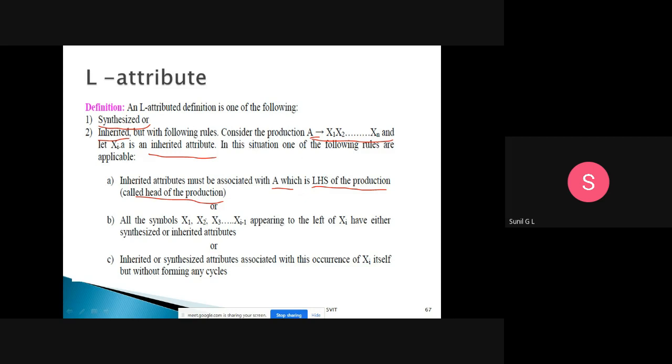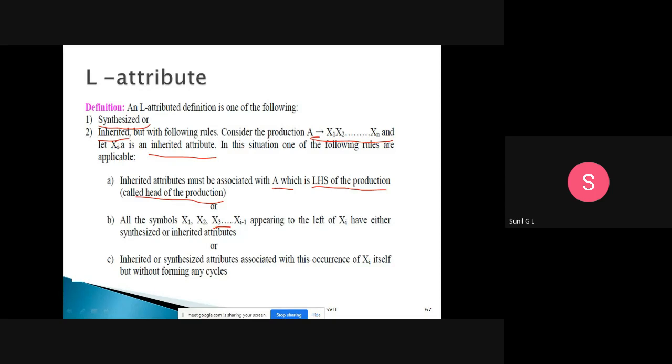Another rule: all the symbols X1, X2, X3 up to Xi appearing to the left of Xi have either synthesized or inherited attributes. Suppose we are taking X3, then X2 may be synthesized or inherited.